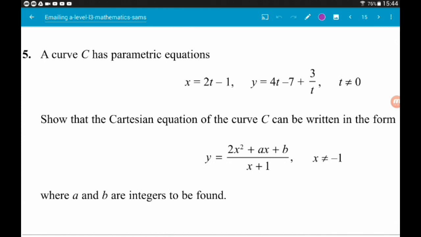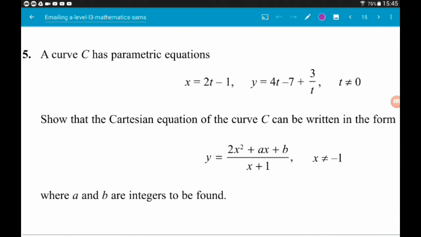Our mission is to show that the Cartesian equation, the equation in terms of x and y, is of the form y equals (2x squared plus ax plus b) over (x plus 1), where x is not equal to minus 1, and a and b are integers to be found.